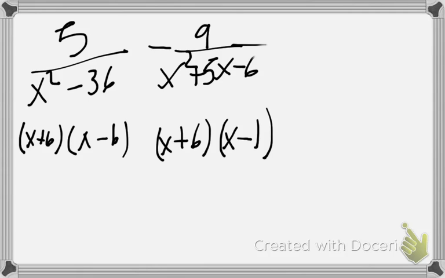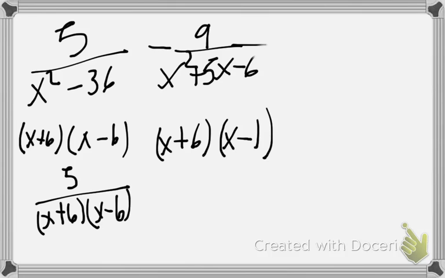So we have 5 over x squared minus 36, we're doing our factored versions here, so x plus 6 and x minus 6, and then minus 9 over x plus 6 and x minus 1.